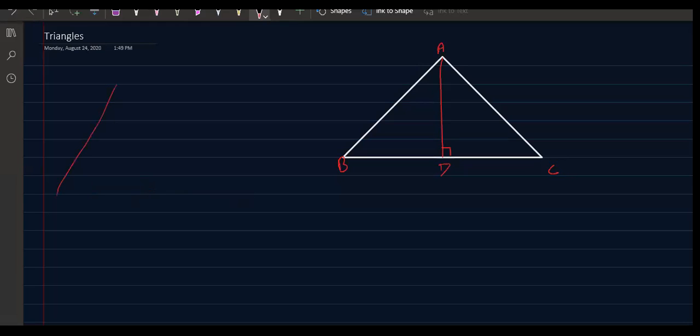I'm horrible at drawing, so please bear with me. Okay, everyone. Yes, altitude is height. Okay, altitude is height only.